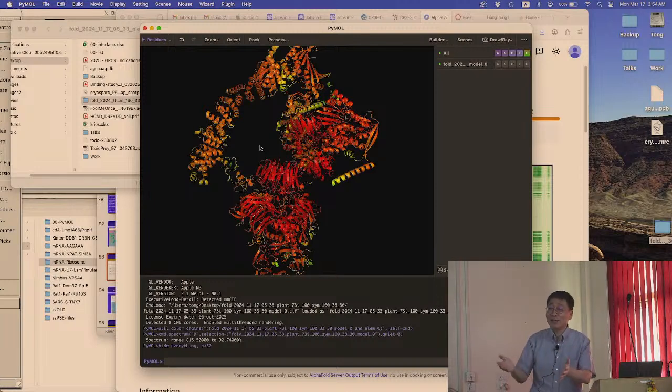But anyway, at least it's better than all 5 being different. When that happens, very likely AlphaFold doesn't know what to do with it. It does happen, especially when 2 proteins don't interact. When you make a prediction, you get all kinds of different things. That will be a good control. Okay. Any other questions?